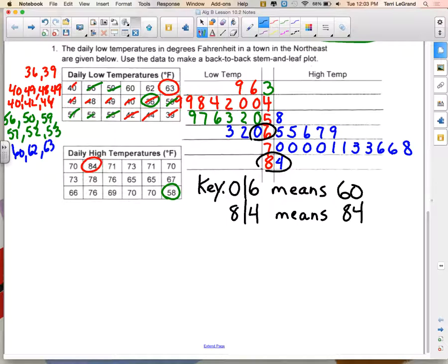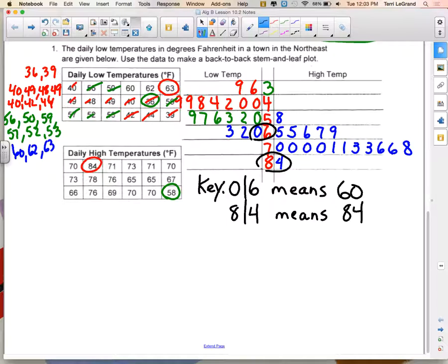Now I want us to do some interpreting from this stem and leaf plot. We're not done. You don't have to write this down, but you're going to be with me. I want you to tell me what was the lowest low temperature. 36. Everybody want to agree with Shamarki? The lowest low was 36. What was the most common low temperature?